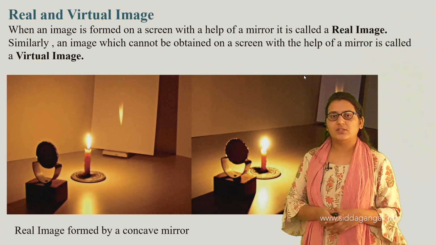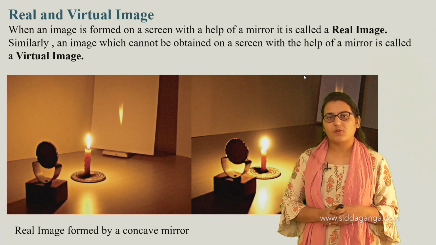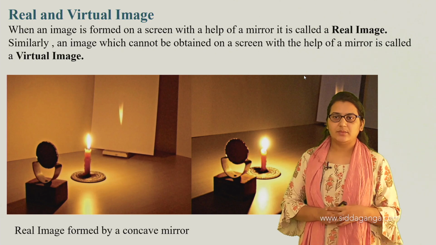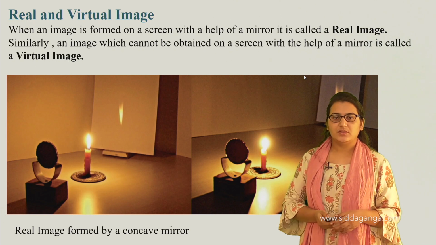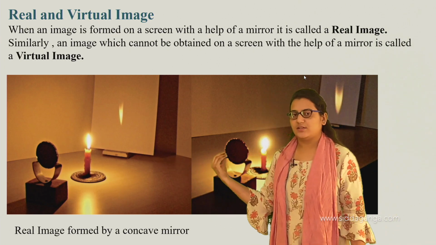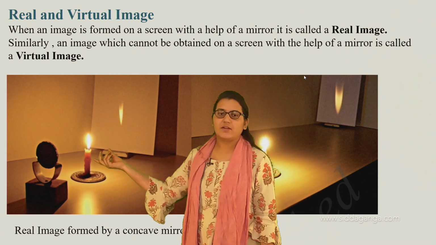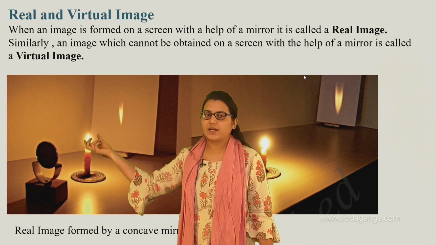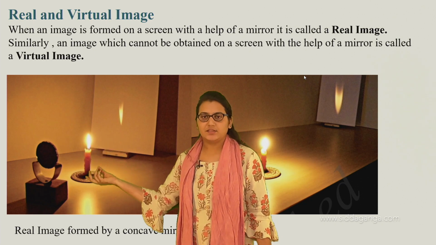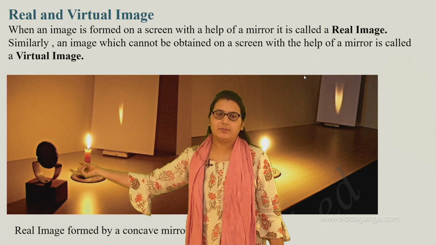Now let us see about the real and virtual image. When an image is formed on a screen with the help of a mirror, it is called a real image. Seeing these images, you can understand. Here we have kept a candle, an artificial source of light, and its light falls on this concave mirror.